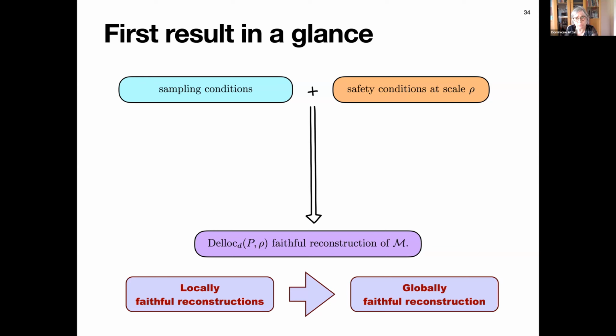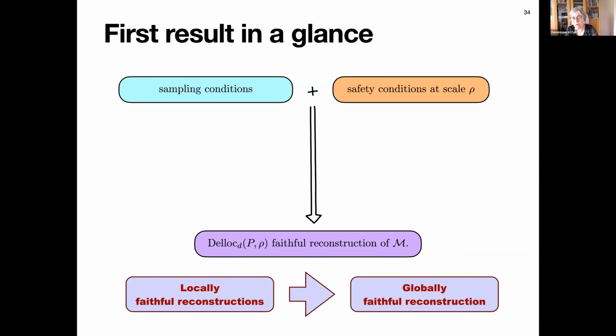You may have to perturb the point set P so that it's going to enjoy those safety conditions at scale rho. And then if you have the two, you get a faithful reconstruction of M. The idea is that locally you have faithful reconstructions because locally you take Delaunay simplices in some affine space.